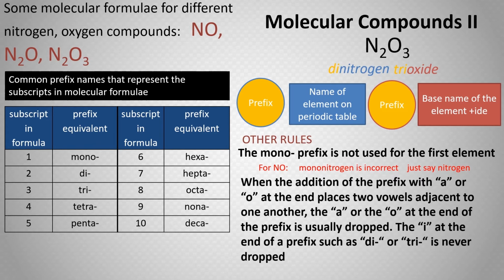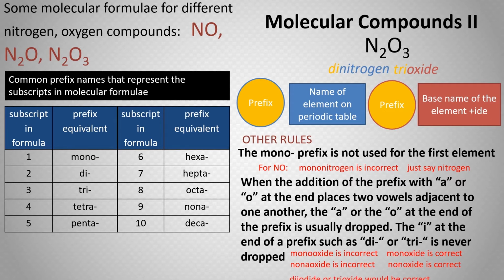When the prefix of an element in the formula has an A or O at the end, and the element also starts with a vowel, so that 2 vowels are adjacent to one another, the A or the O on the end of the prefix of the element is dropped. For example, instead of saying monooxide or nonooxide, we eliminate the last vowel of the prefix and we would call these elements monoxide or nonoxide.